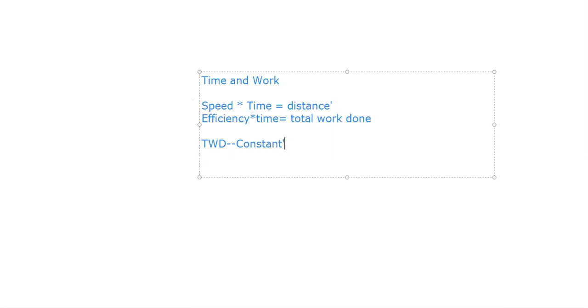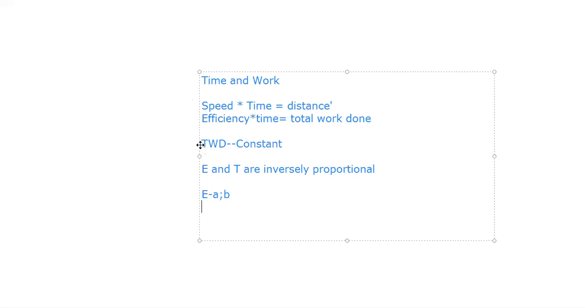Now, efficiency and time are inversely proportional, which means if efficiency is in the ratio A is to B, time will be in the ratio 1 by A is to 1 by B.